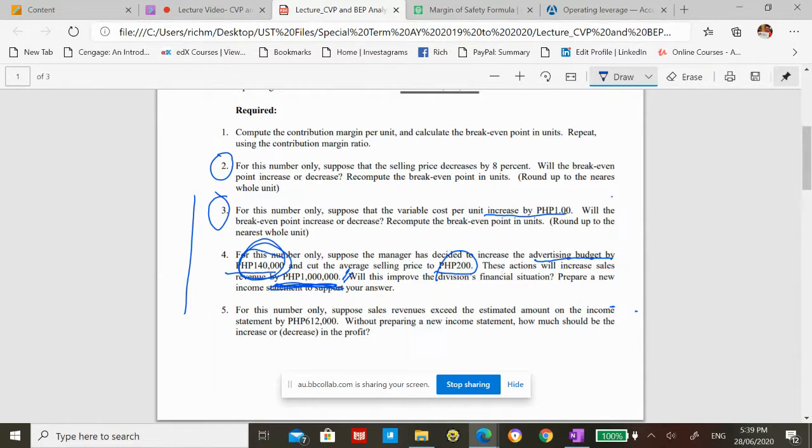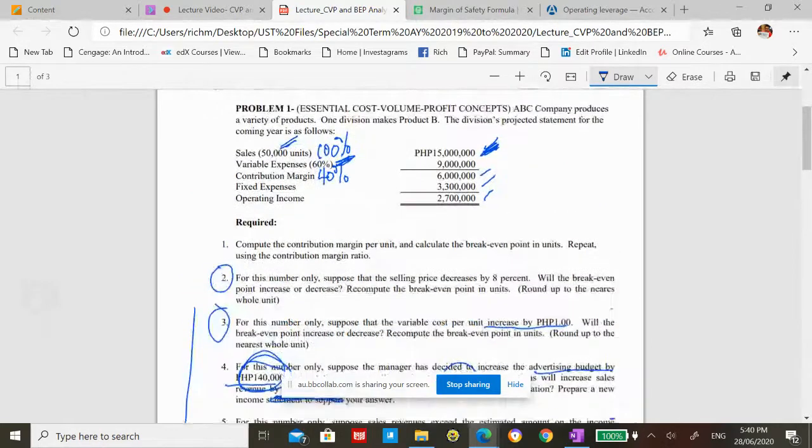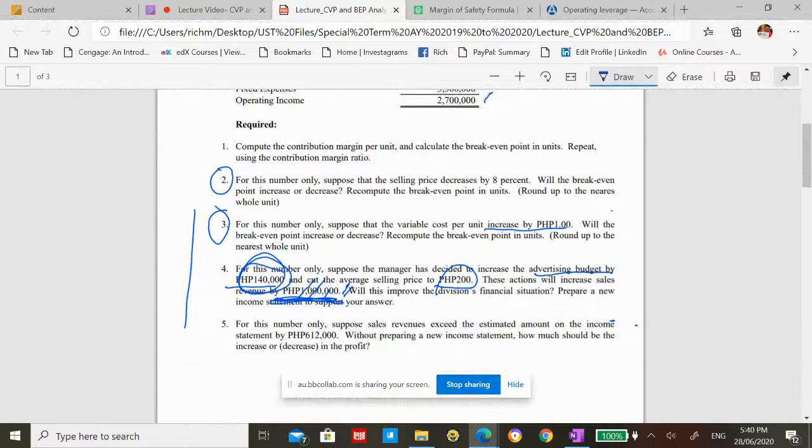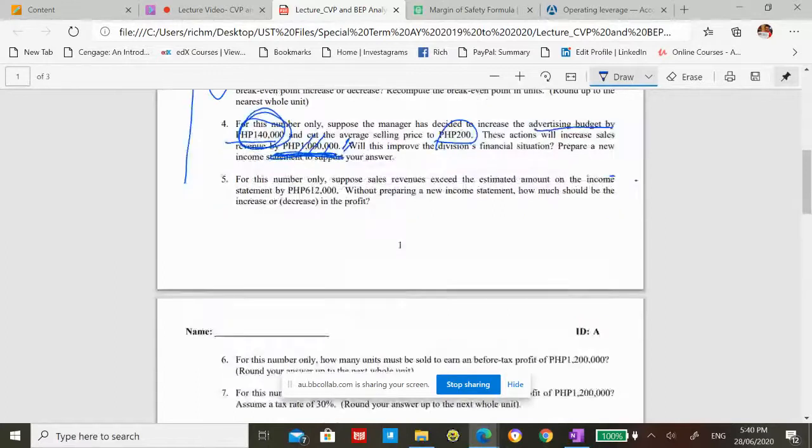Possibly, what's better is to advertise and increase by 140,000 but do not cut your selling price to 200. Maybe your sales won't increase by 1 million, maybe just a few hundreds of thousands. That would be okay, as long as you meet the fixed expenses, any additional income from the number of units you sold before will contribute to the increase of your income.